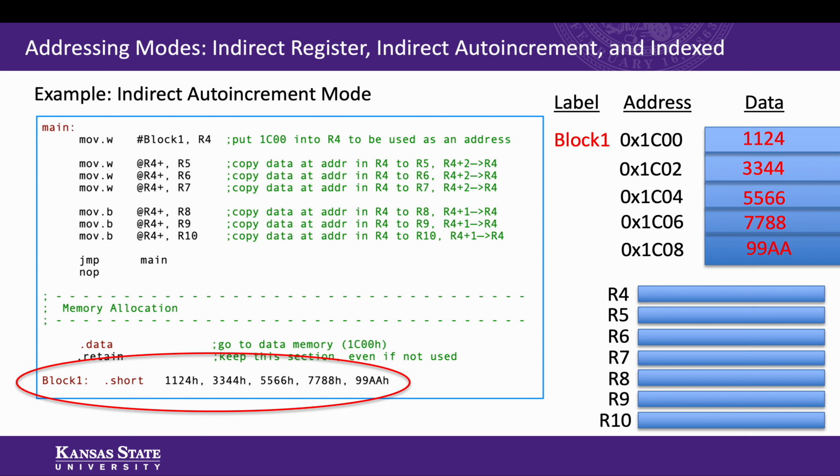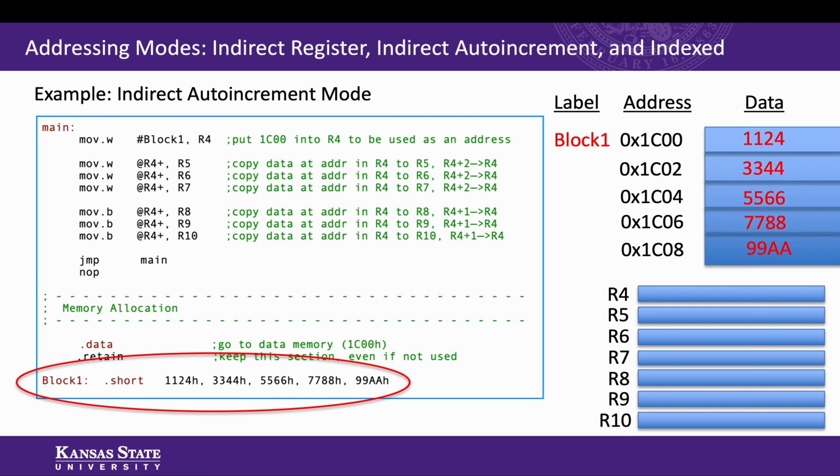And what we're going to use this auto increment for is, again, moving blocks of data. So if you are incrementing the address, then you can easily get blocks of data and access those and move those around, right? And so that's what this example is going to do.